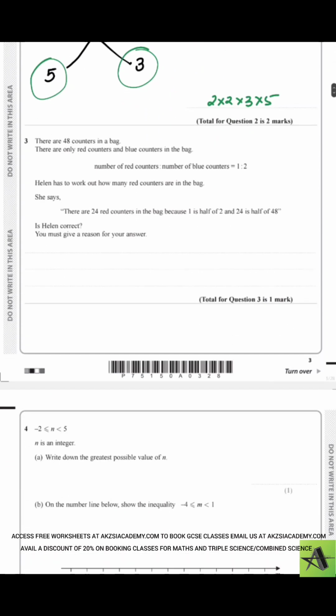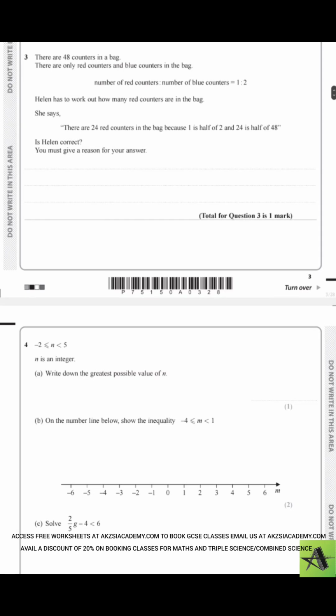Moving on to the next question. There are 48 counters in a bag. There are only red counters and blue counters in the bag. The ratio of the number of red counters to the number of blue counters is 1:2. That means if there is one red counter, there will be two blue counters. If there are two red counters, there would be four blue counters.